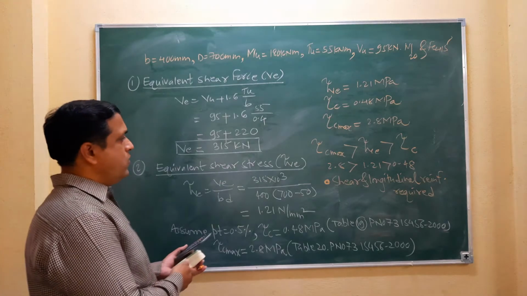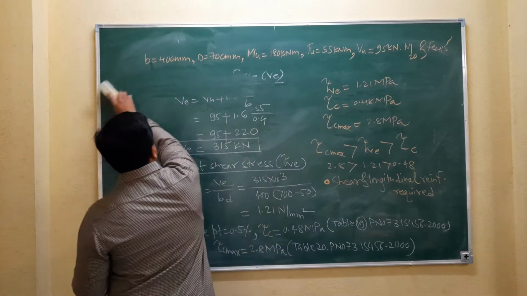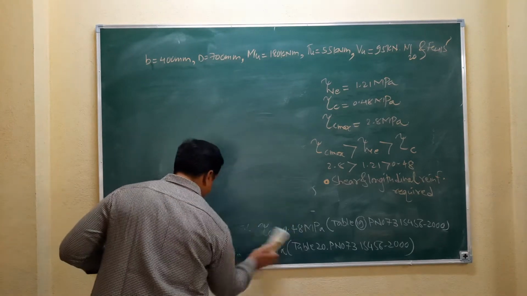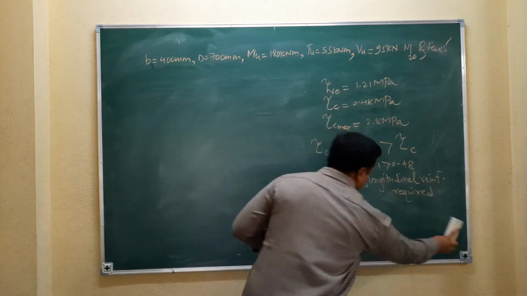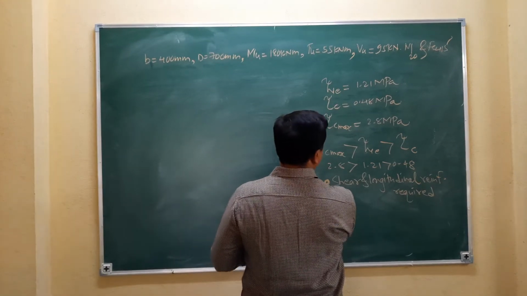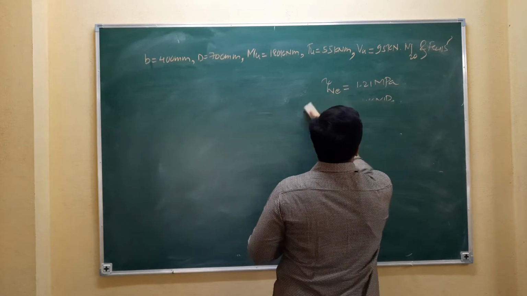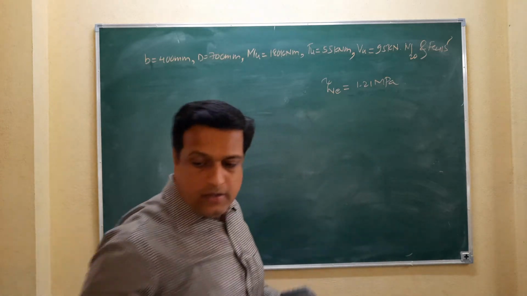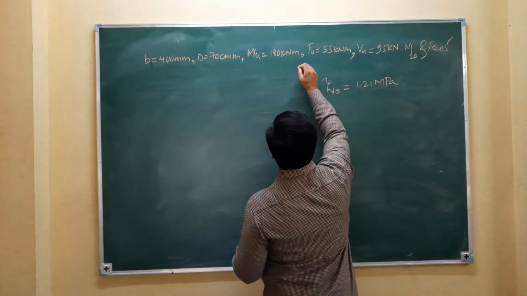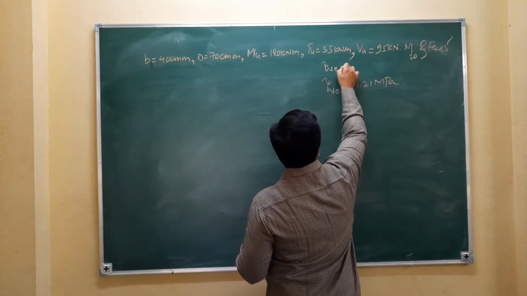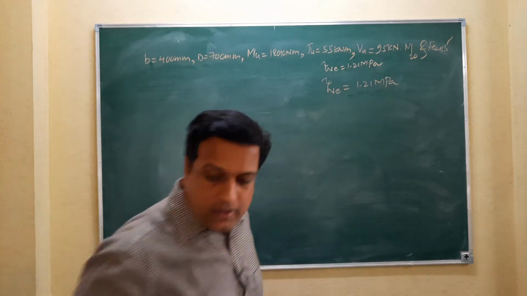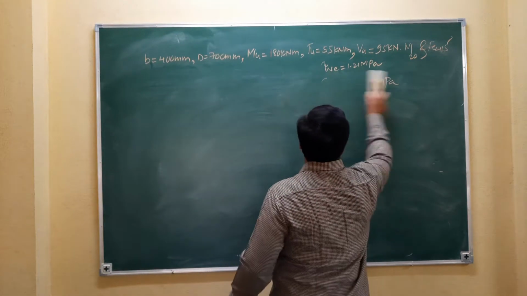Now, in step number 3, what we have to do? We need this value tau Ve. So I will write here tau Ve is 1.21 megapascal. We need this value in a further step.